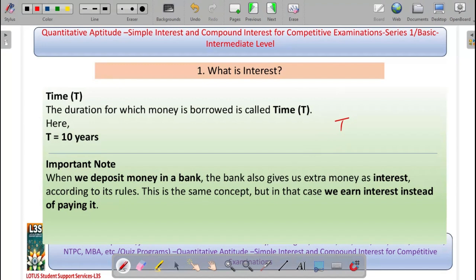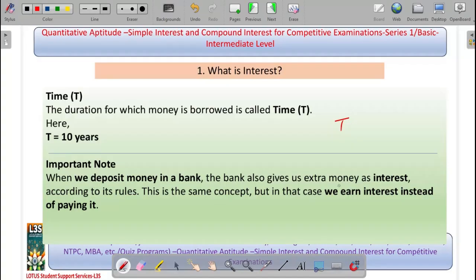One important note: when we deposit money in a bank, the bank also gives us extra money as interest according to the bank's rule. This is the same concept, but in this case we earn interest instead of paying it.